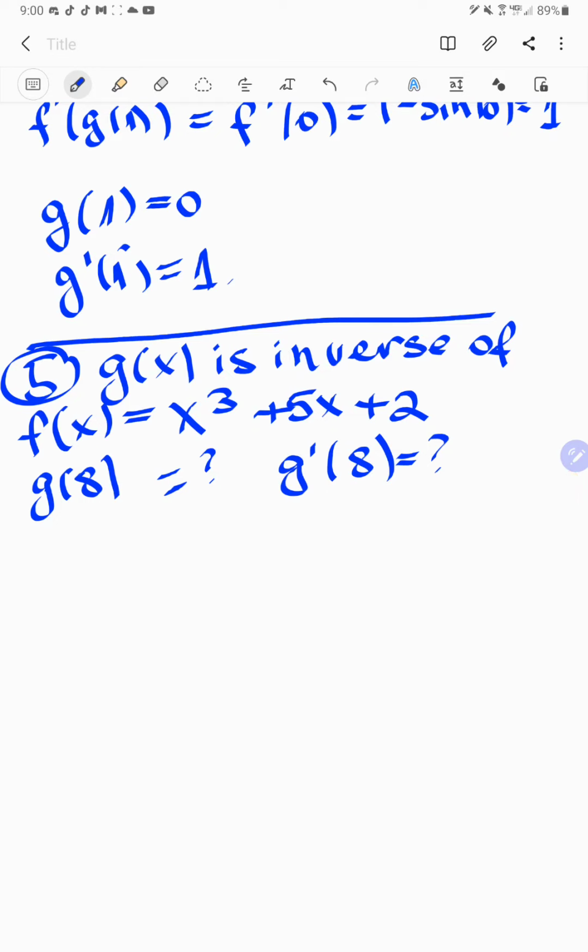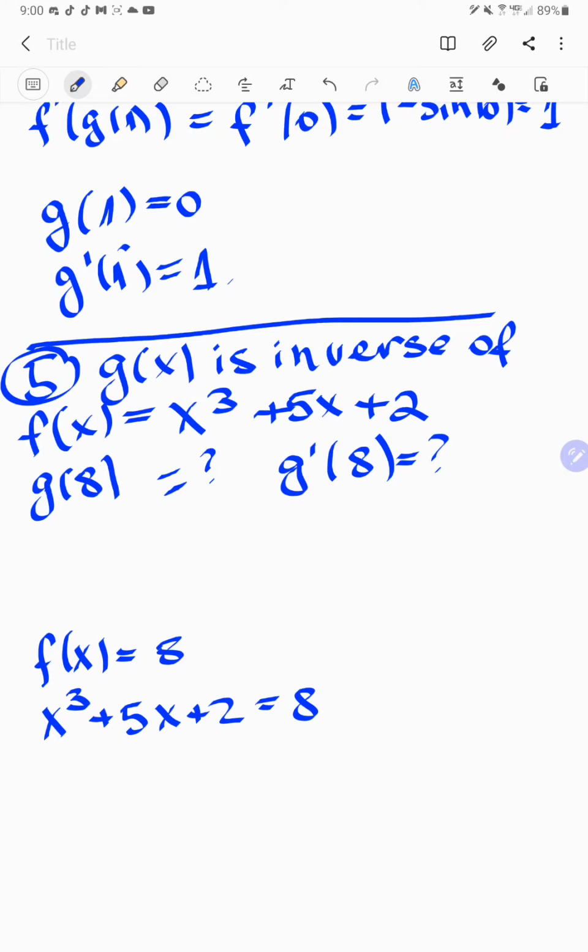So first, because g is the inverse of f, that means that since we are looking for when g is 8, what value do we need to plug in for x to get 8? We're just substituting f of x equal to 8, and we're going to try to solve for x. So that becomes x cubed plus 5x plus 2 equal to 8.